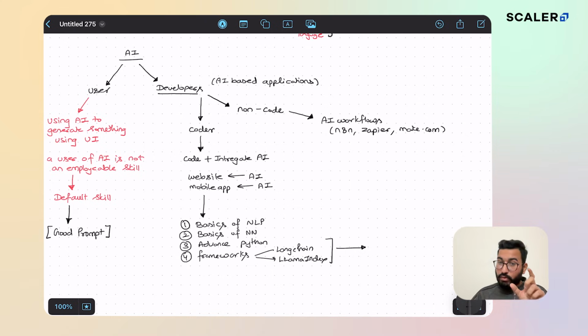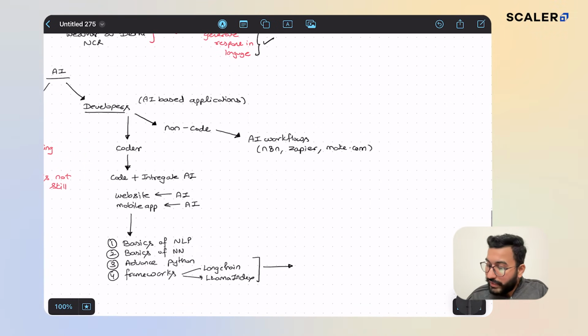Now there is one more section that has come up in the market, and I believe that will also come very strongly in the market, which is the requirement of AI product managers, or I would say these are the AI enablers.